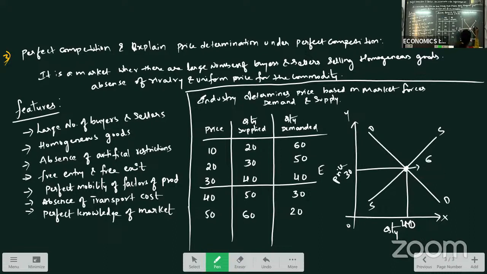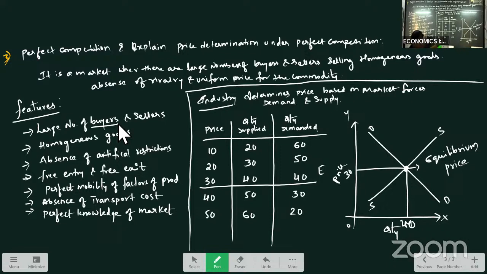So this is called as equilibrium price. So who will determine price in perfect competition? Under perfect competition, price is determined by the industry because there are n number of firms. That is the reason industry will decide the price based on demand and supply. Clear? Hope you understood this answer.